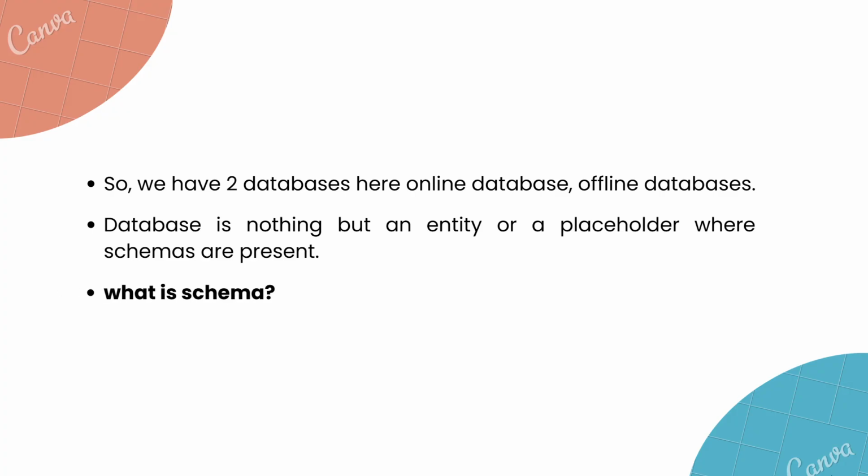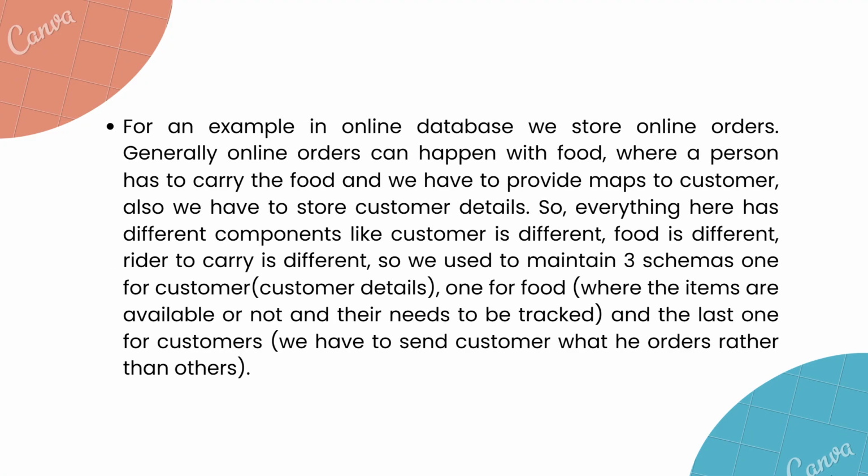So what is a schema? For an example, in the online database, we store online orders. Generally, online orders happen with food, where a person has to carry the food and we have to provide maps to the customer. Also, we have to store customer details.